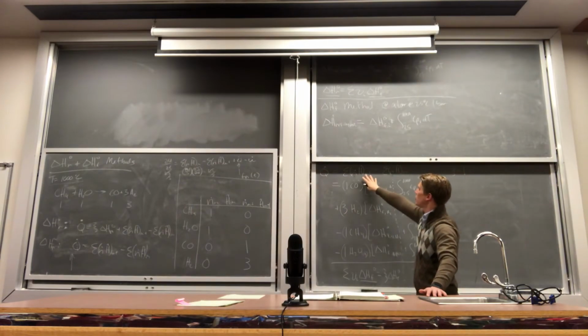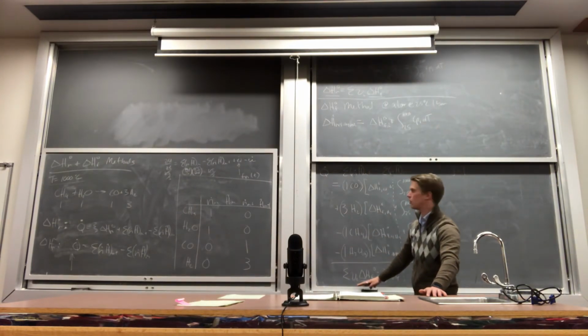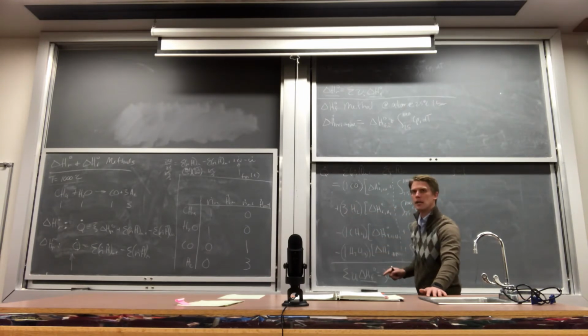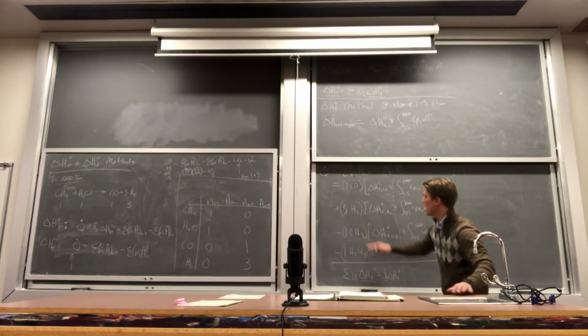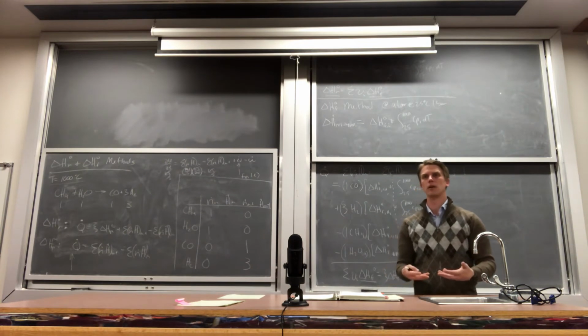So if we had a system where that wasn't going to completion, these numbers here would change. And so what you would get then is that the stoichiometric coefficient times these would all work out to how much of that reaction actually goes on.